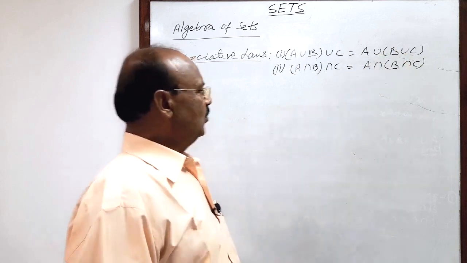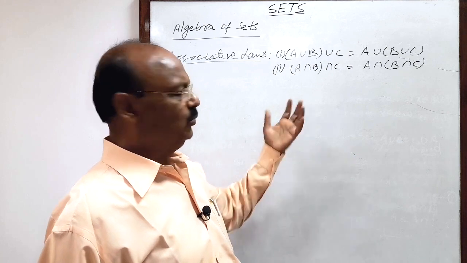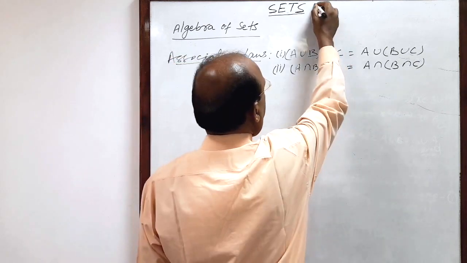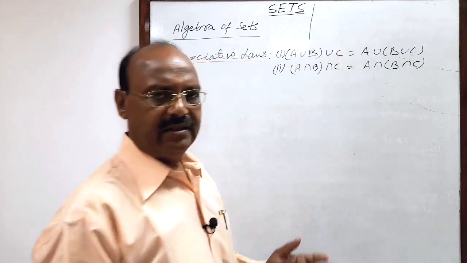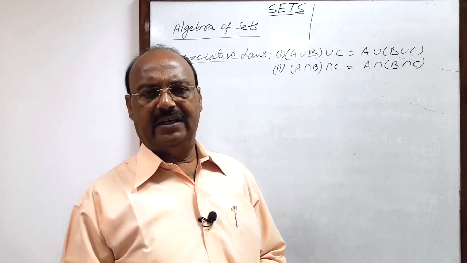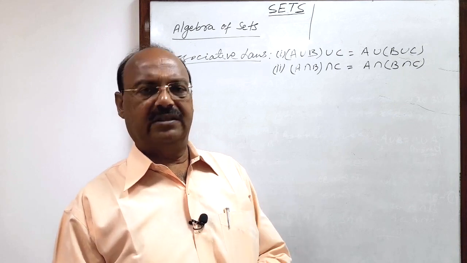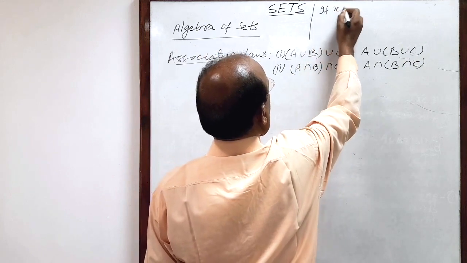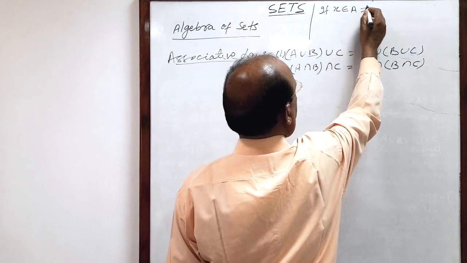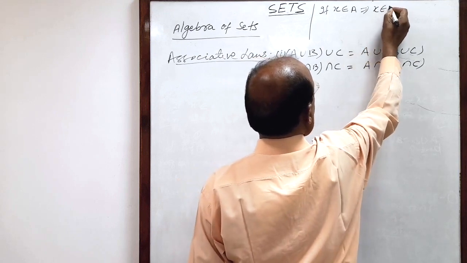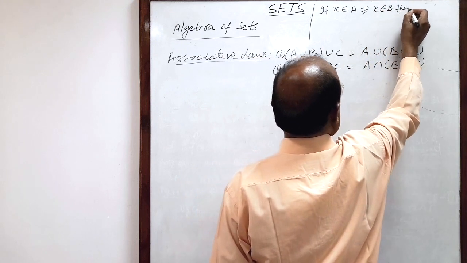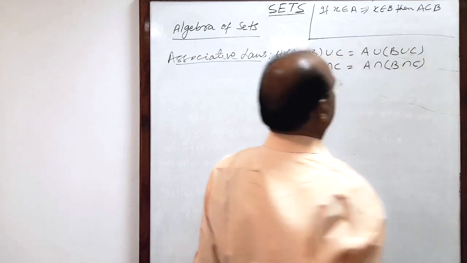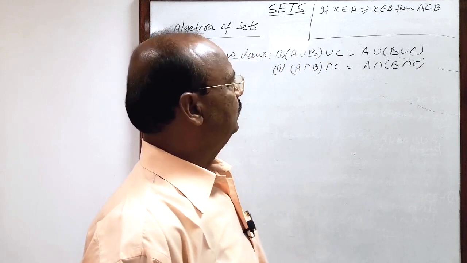And the property of sets that we are going to use here is this: when any set is said to be a subset of another set, if X belongs to set A implies that X belongs to set B, then we can conclude A is a subset of set B. Why so?